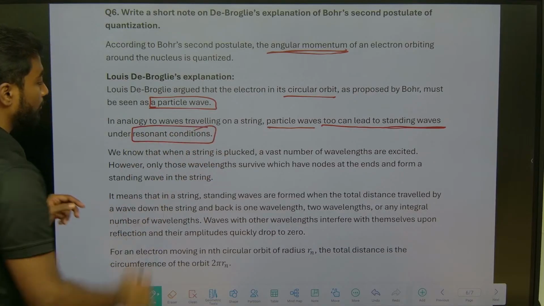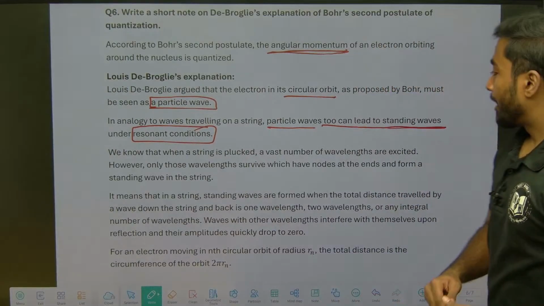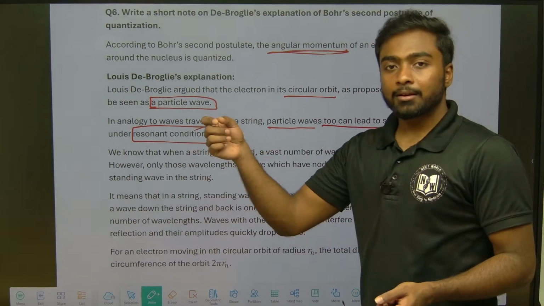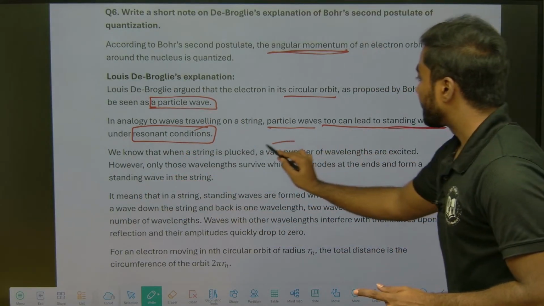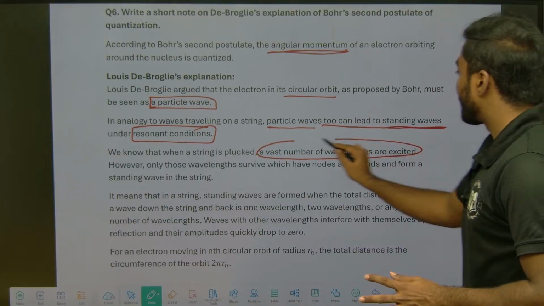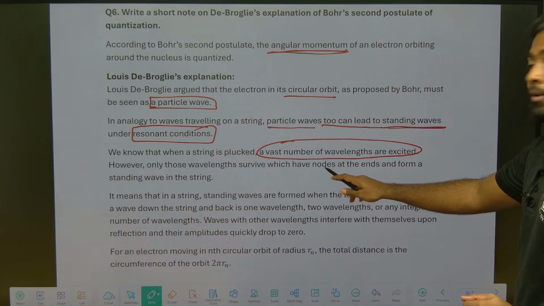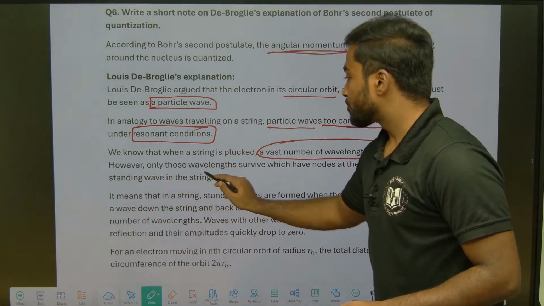We know that when a string is plucked, a vast number of wavelengths are excited. When I disturb the string, n number of waves are produced. However, only those waves survive which have nodes at the ends and form a standing wave in the string.